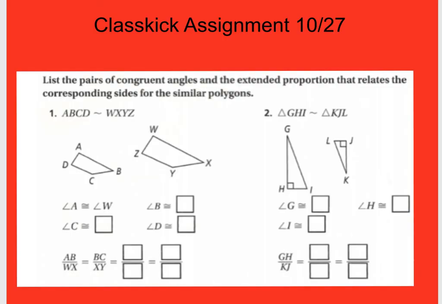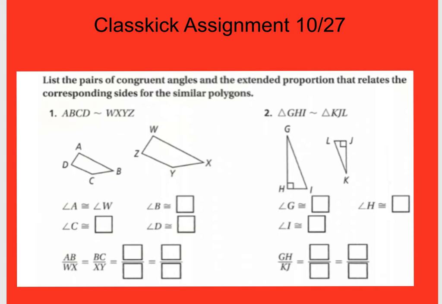All righty. So we're going to continue with our class kick assignment today, and let's do some of this together, and then you guys will be free to go get some of your work done. List the pairs of congruent angles and the extended proportion that relates the corresponding sides for the similar polygons.